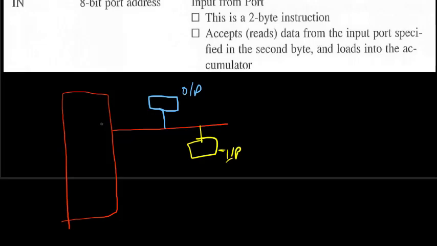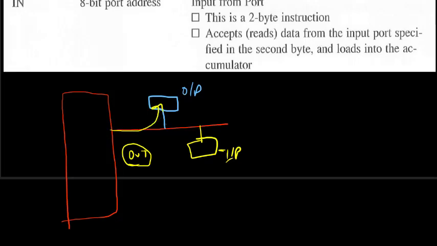Suppose the microprocessor wants to send output to this output device, so it will use the instruction OUT with the port address. Every output device and every input device has some port address. When the instruction OUT is executed, the data in register A, the accumulator, goes to the output device.